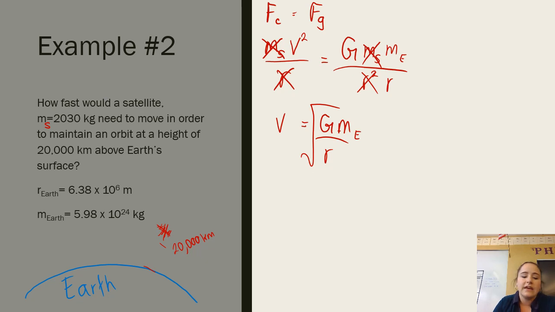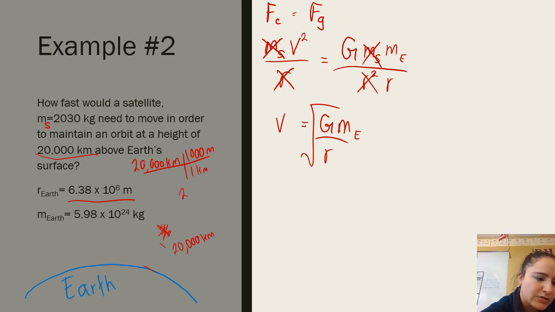So if Earth has a radius of this much, and then we have 20,000 kilometers, I'm going to go ahead and convert the 20,000 kilometers to meters. So 1 kilometer is 1,000 meters. So when you plug this into your calculator, you get, I'm going to go ahead and put it in scientific notation mode, 2 times 10 to the 7th meters. Okay, so 2 times 10 to the 7th meters.